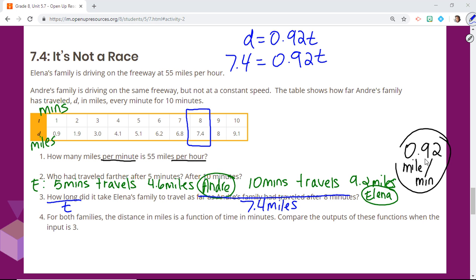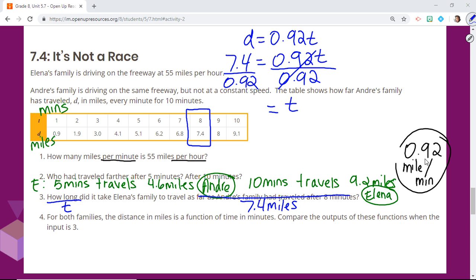So we're going to divide each side by the coefficient, which is 0.92, the rate of change. On the right side, 0.92 divided by 0.92 is 1. So we're left with 1t, but we're just going to write that as t. And on the left side, we have 7.4 divided by 0.92, and we get 8.04 and some change.